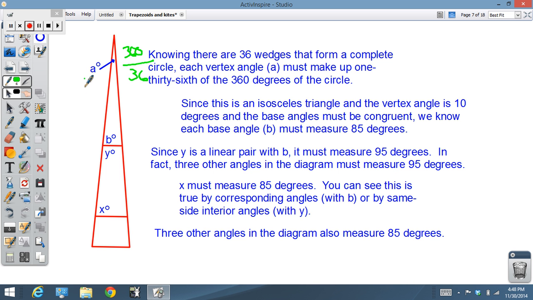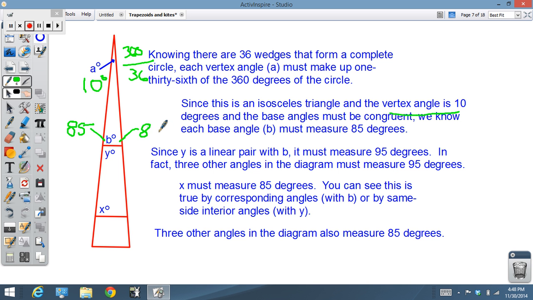Each one of these has to be 10 degrees, angle A. Okay, so therefore if the vertex angle of an isosceles triangle is 10 degrees, we know these two, since it's an isosceles triangle again, have to be congruent, and those would make whatever's left out of our 180 to form the triangle. That leaves 170, means each of these must be 85.